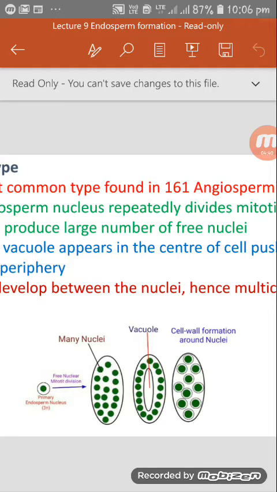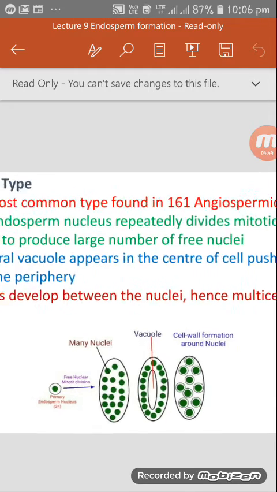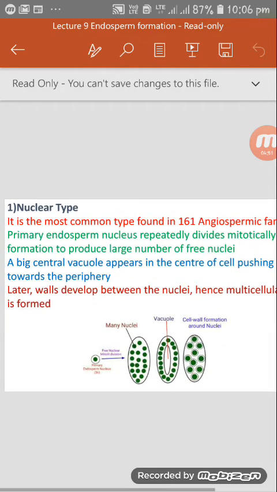And then there is cell formation around the nuclei. This is called nuclear type.